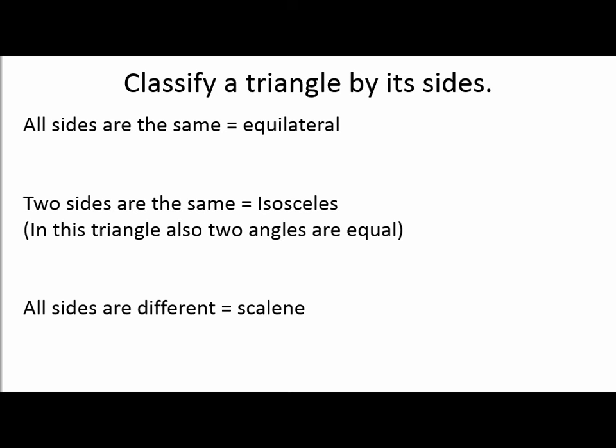You measure the sides, and then you name it one of the three, depending on the measurement. So if all sides are the same, we call that equilateral. Two sides are the same, we call that isosceles. If they're all different, we call that once again scalene.